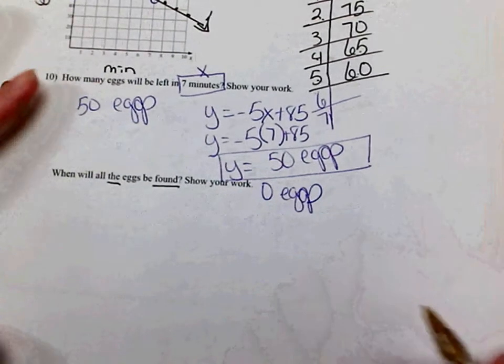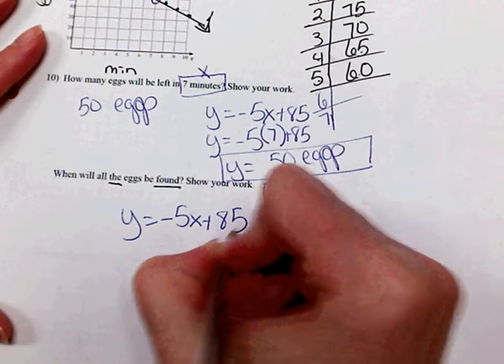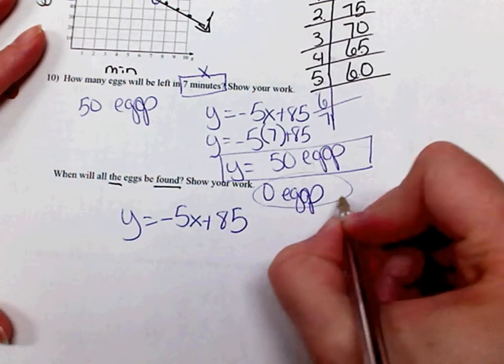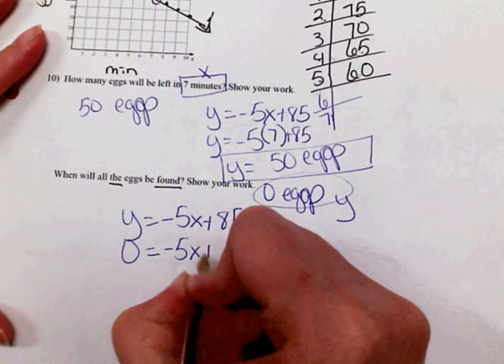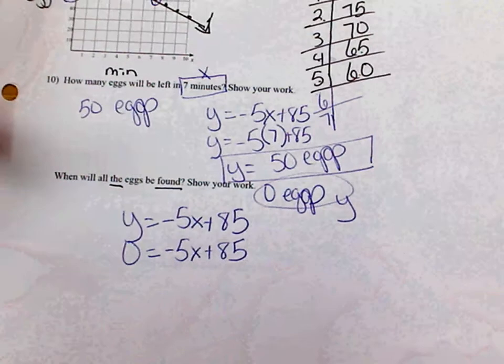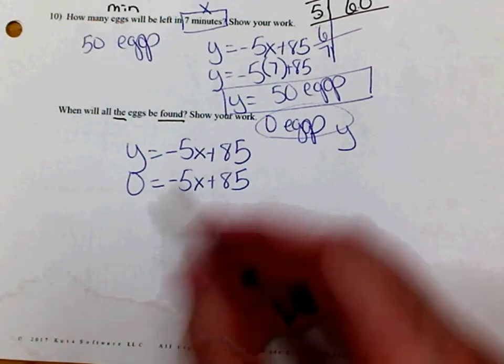So y equals negative 5x plus 85. 0 eggs, that is a y. So I'm going to put 0 in for the y. Now this one, do I put it in the calculator or do I solve it? Just solve it. Yep, because x is in the middle. So minus 85 to each side.